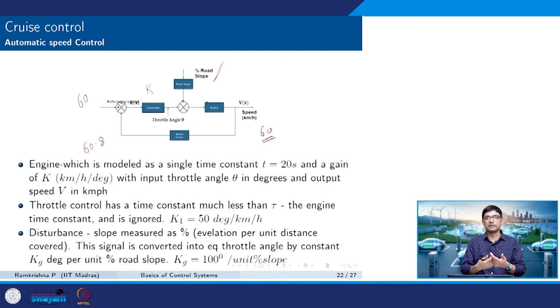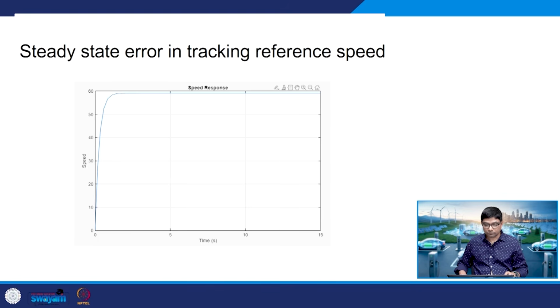And of course, I could increase the gain k to reduce the error, but you cannot make it 0. So this is the steady state error that I seek for the given values of k. It will be maybe some 59 point something. So, there is a steady state error in tracking the reference speed.